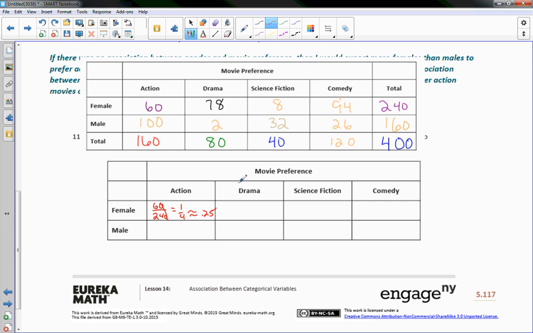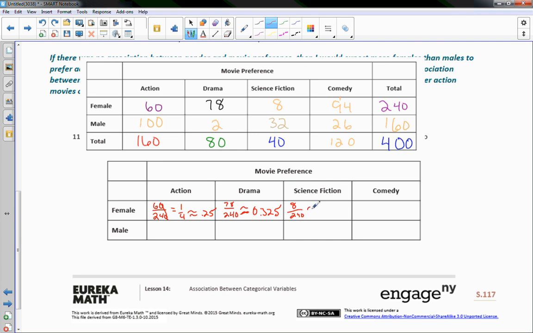Drama, 78 over 240. And that is approximately, to save time, I'm just going to plug it in my calculator, and that is 0.325. And then the next one is going to be 8 out of 240, which is a third.